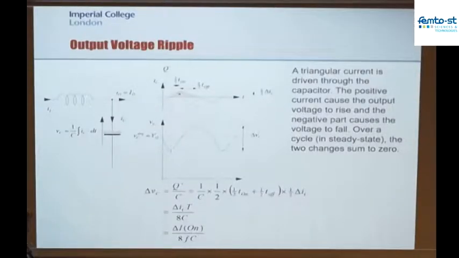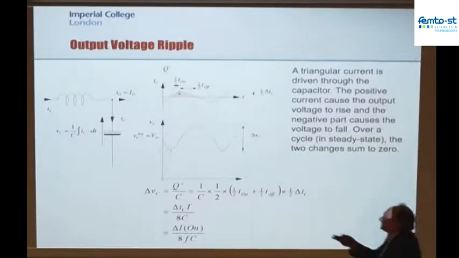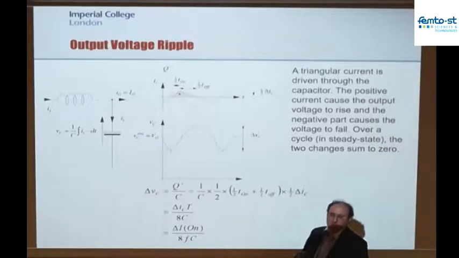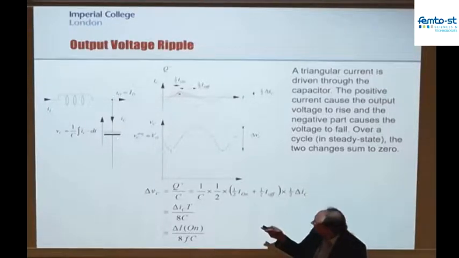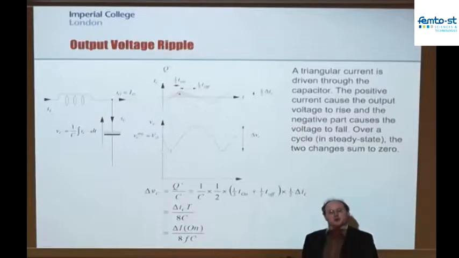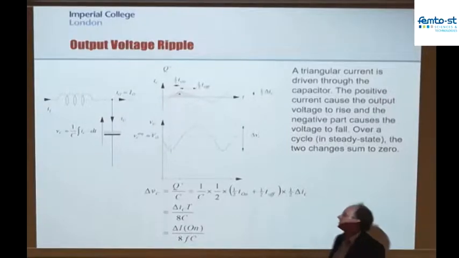Just to talk a little bit more about the output voltage ripple that we see, as I've said, we've got a current flowing in the inductor, which is ramping up and ramping down, ramping up and ramping down. That's inherent in the operation of the circuit. We'd like to be able to produce a perfect DC output voltage here. But to do that, we either need an infinite value of inductor so we get no ripple current, or an infinite value of capacitor so that we can put as much ripple into that as we like and not see a change in voltage.